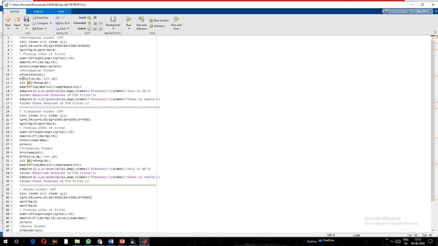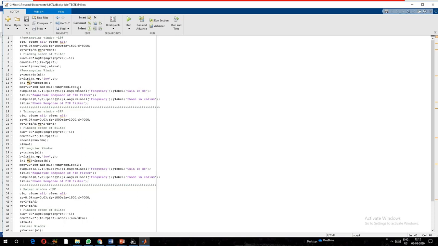As we are designing the FIR filter, we will place n comma omega p low pass. To find the magnitude, we go for log of magnitude of x1 values, and angle of x1.